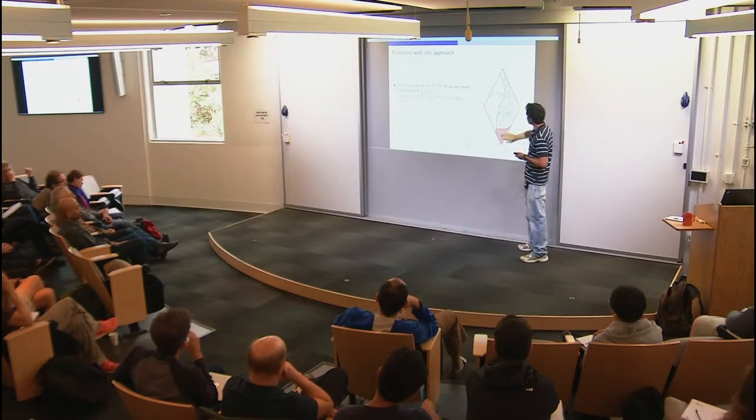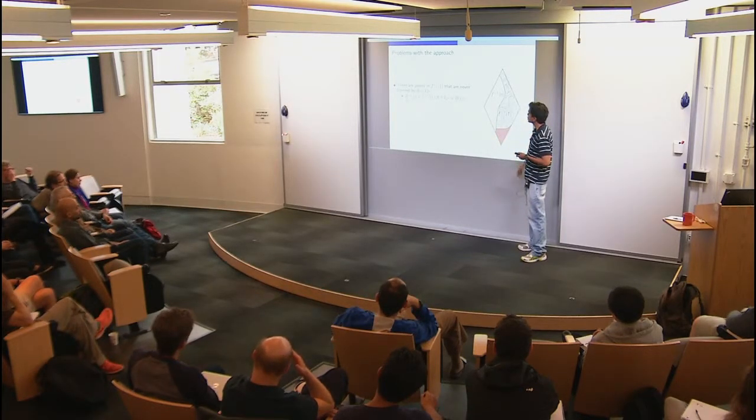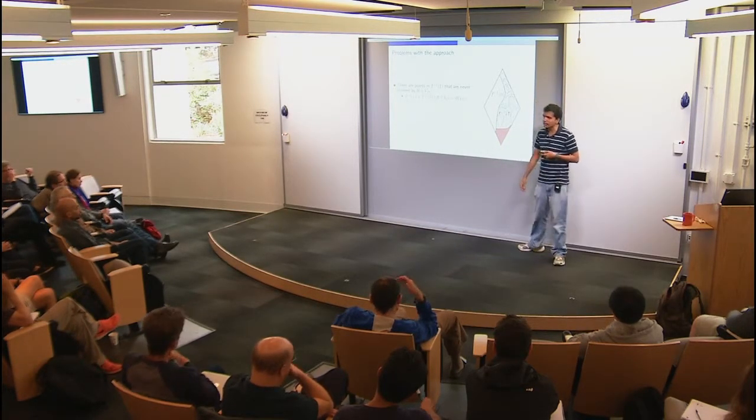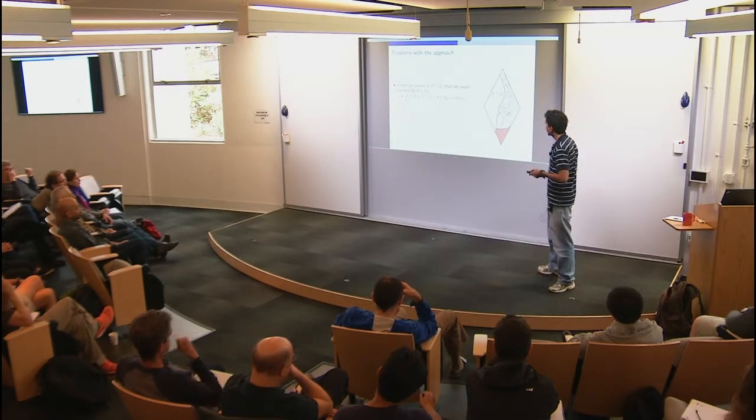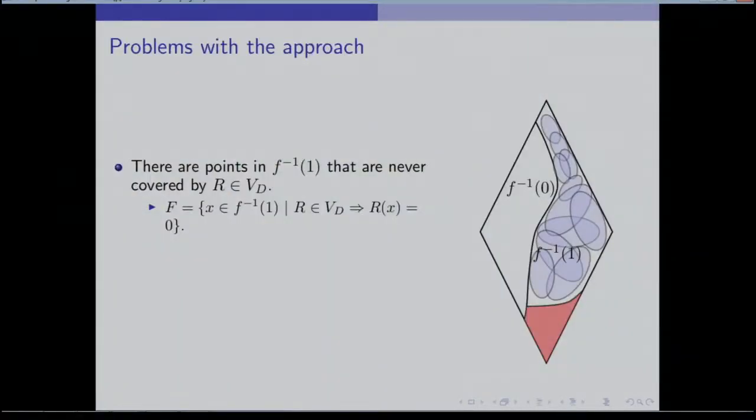So these are those points on the right hand side among the ones of the function, so that every certifying polynomial actually vanishes at these points. And these points are really bad because no matter how many of these certifying polynomials I take, I'll never be able to cover these guys. So we'll need to argue that F is small. And once we argue that, we'll be able to brute force over F and just fix the circuit at these points.